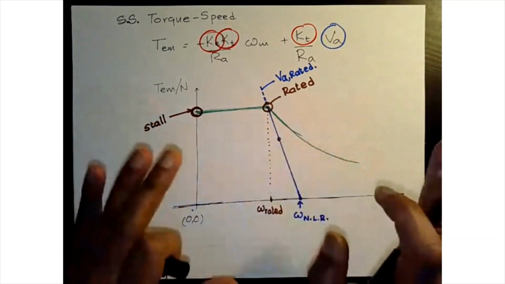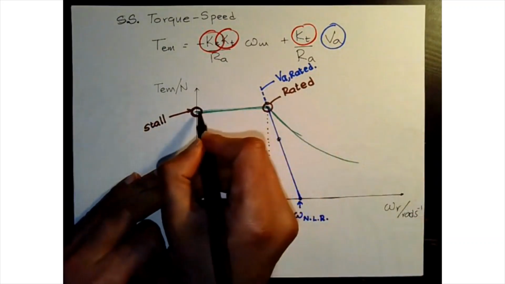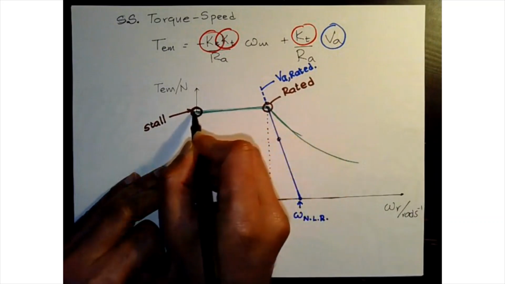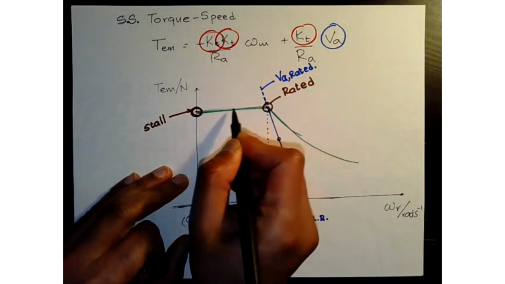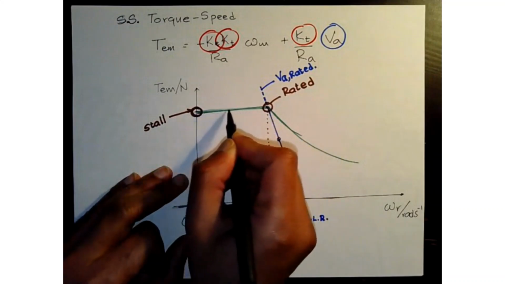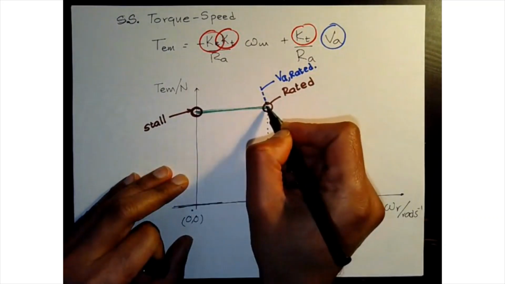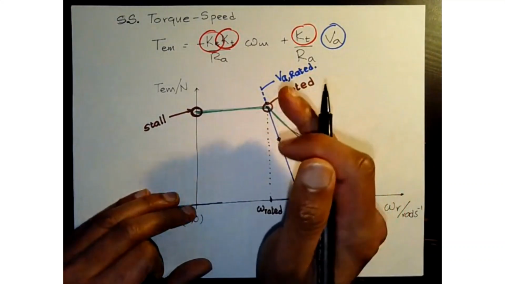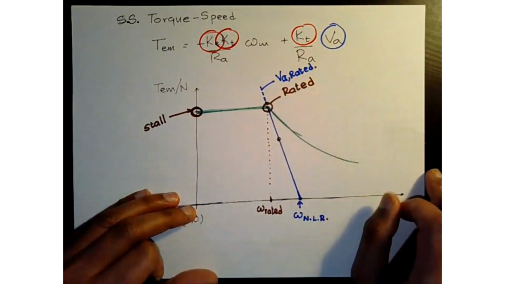Actually, before we go to that operating point, if you look at this flat or the plateau part of the curve, we are showing that the torque is constant. The torque is maintained constant, right? So if the torque is constant, what can we say about the current applied to the motor?